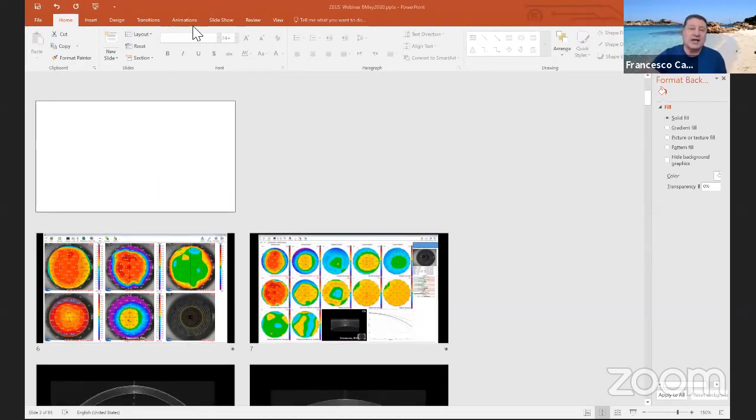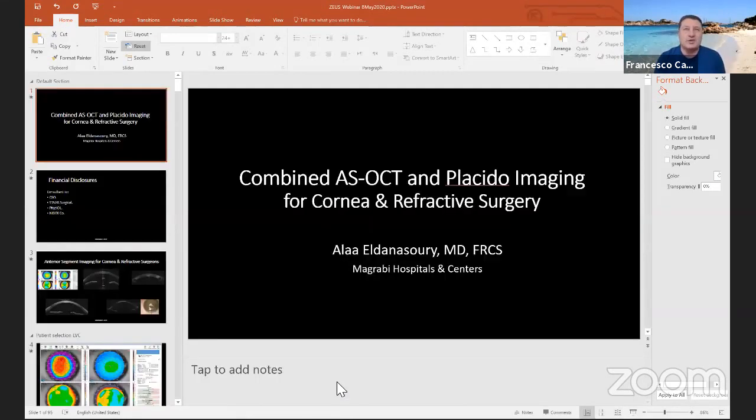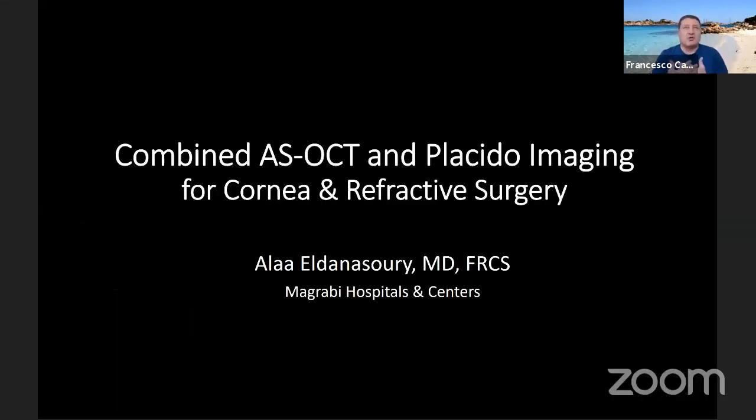Mohamed Alaa has a huge experience in all the anterior segment surgery, but he has always been very focused on cornea, both as regards refractive approaches and therapeutical approaches. So it's my pleasure to introduce him to you to show you how the combination of an anterior segment OCT and Placido imaging can be useful for that purpose.